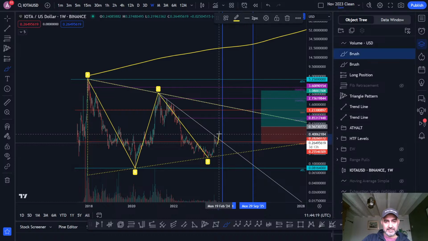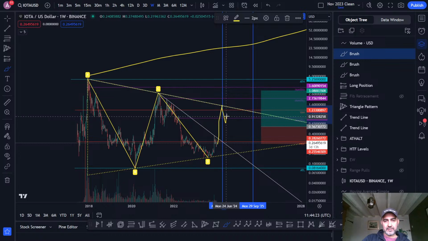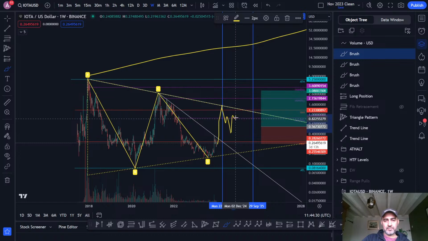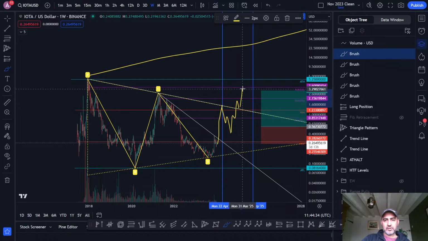So let's just say this is really impulsive. And then we have like a correction to the 50%. And then it comes back up, breaks that, goes really impulsive.